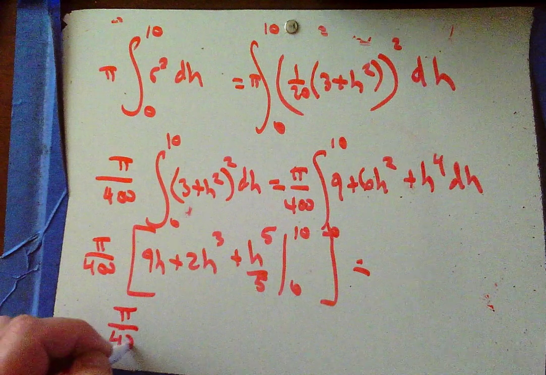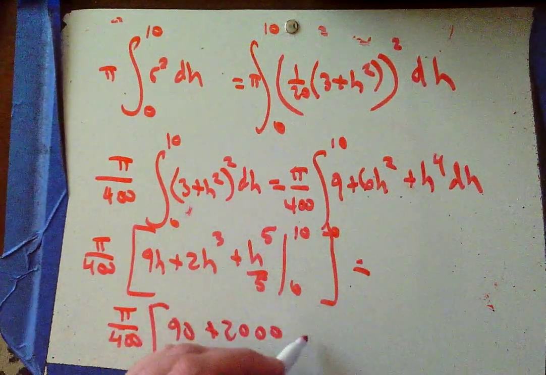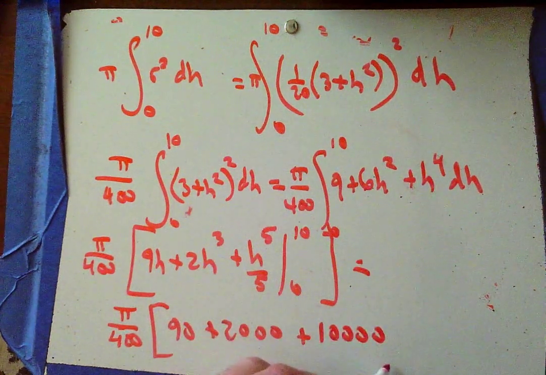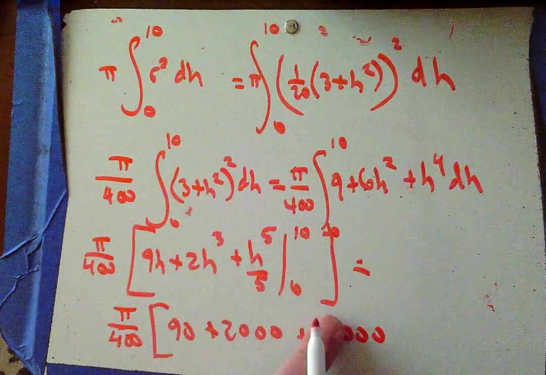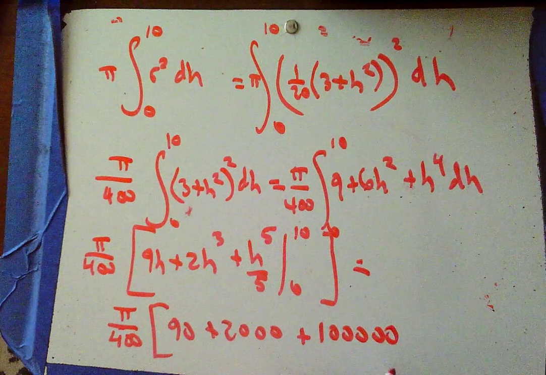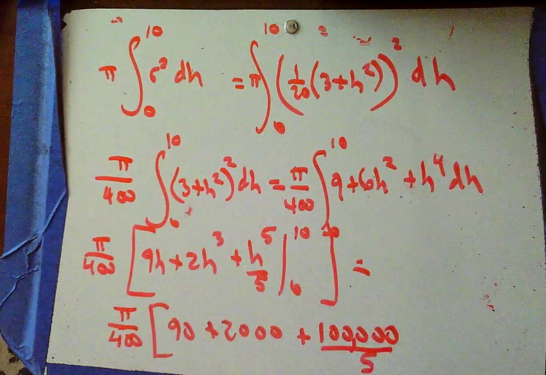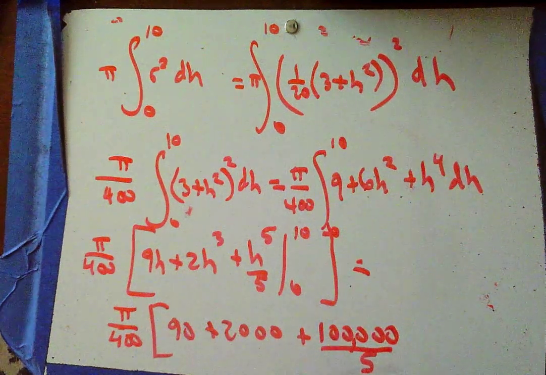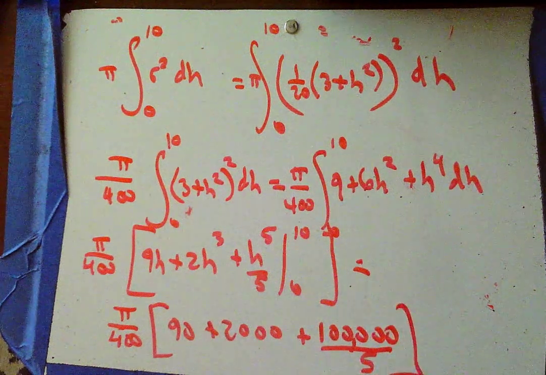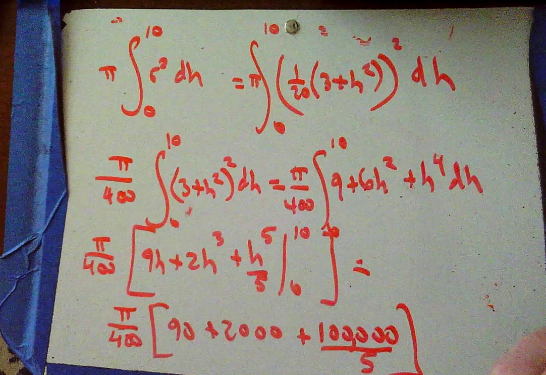Pi over 90 plus 2000 plus 10 to the 2nd, 10 to the 3rd, 10 to the 4th, 10 to the 5th, over 5. Because I don't really want to play the let's make a common denominator game. And so I'm just going to stop here. Okay.